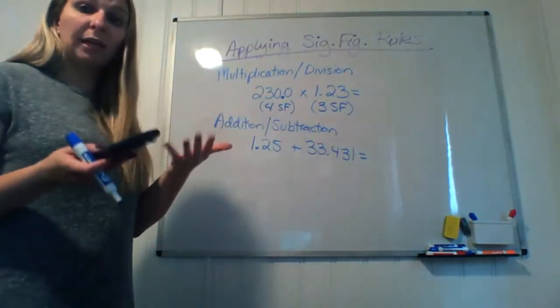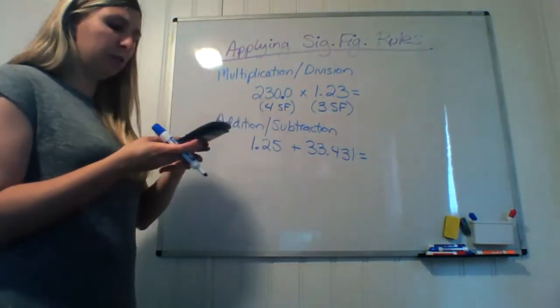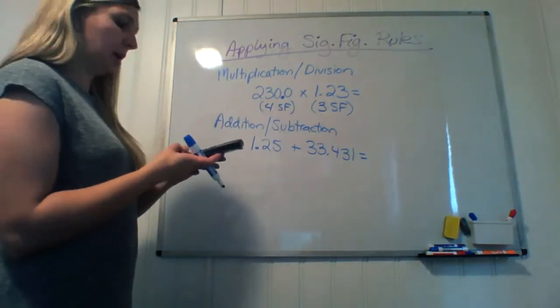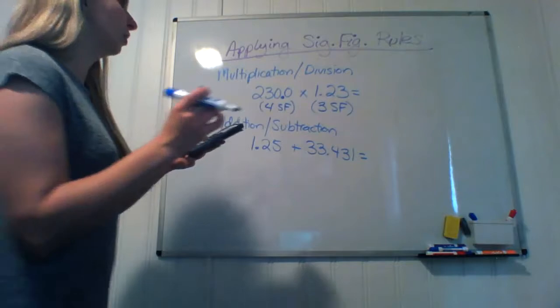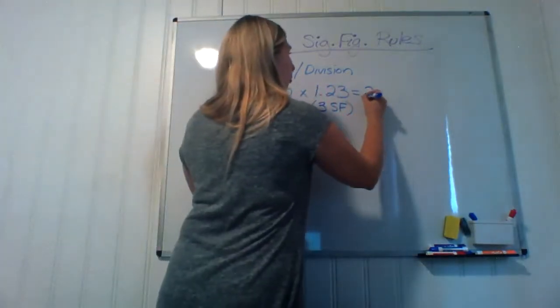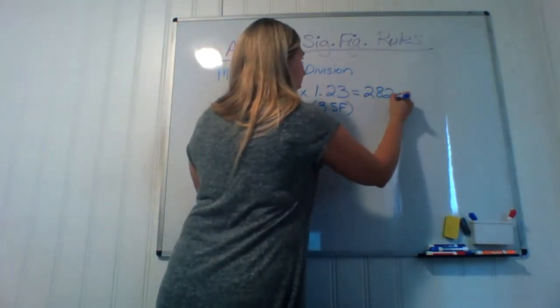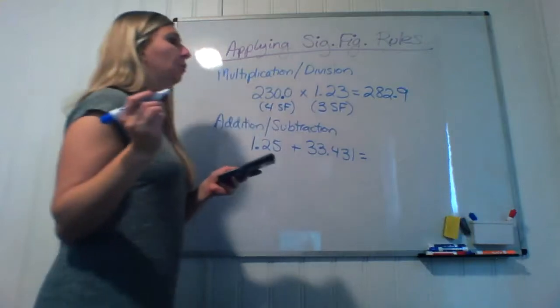Okay, so let's see what the calculator gives us. If we do 230 times 1.23, what the calculator tells you is 282.9. Okay.